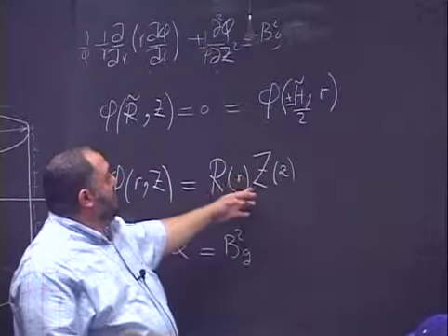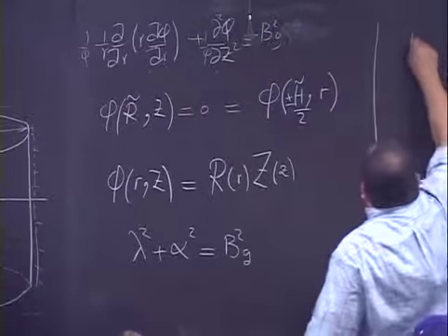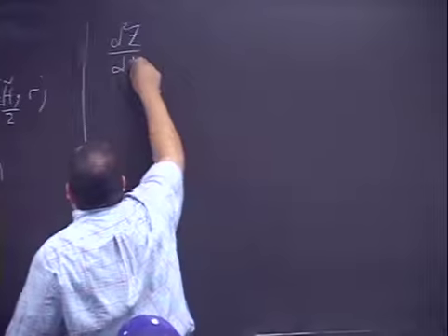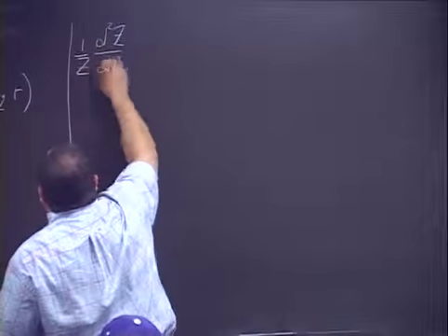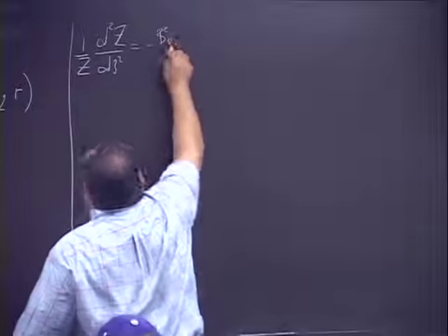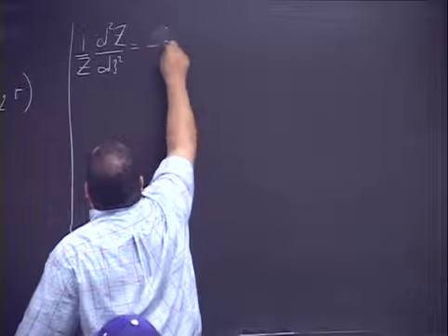So if we write the z component, it will be d2 capital Z by dz small squared, times 1 over Z, equal to negative B squared, equal to negative alpha squared.